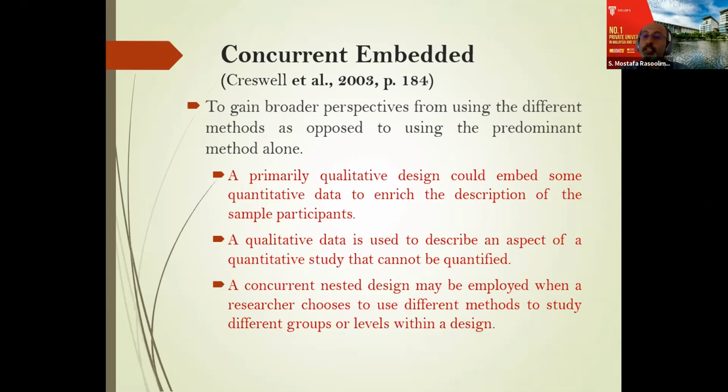For concurrent embedded, we have two different research questions, and one research question is main. The secondary approach, the secondary method, is supposed to answer the second research question, which is low priority compared to the first one.